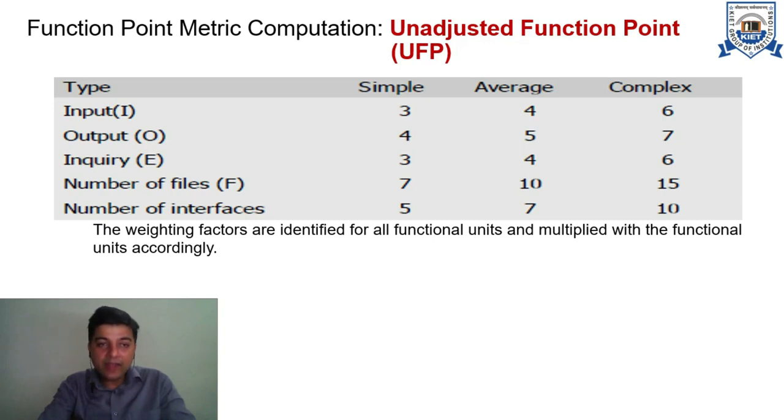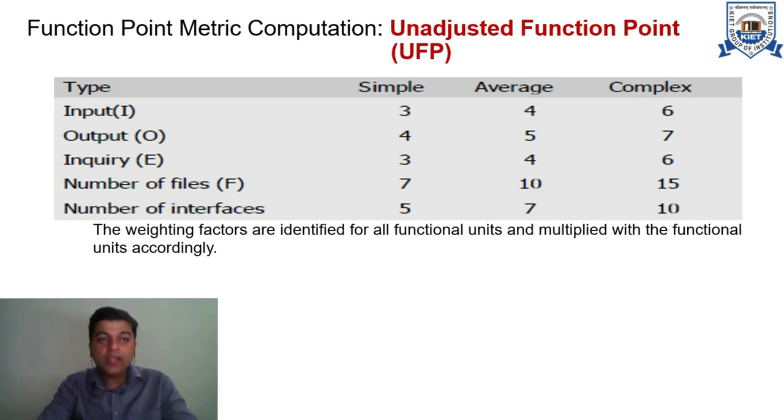Albrecht identified that the 5 functional components of any software to be developed, that is inputs, outputs, inquiries, number of files and number of interfaces, can have 3 levels of implementation, which are simple, average and complex. And Albrecht gave some quantum values to each of these functional units based on the complexity of their implementation.